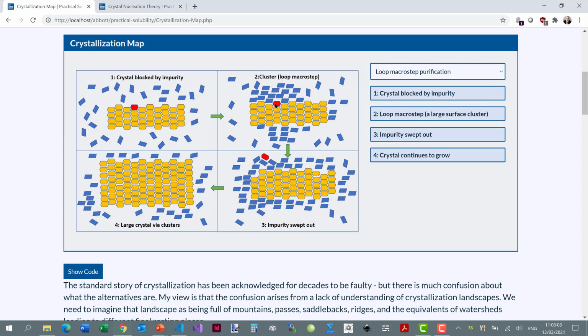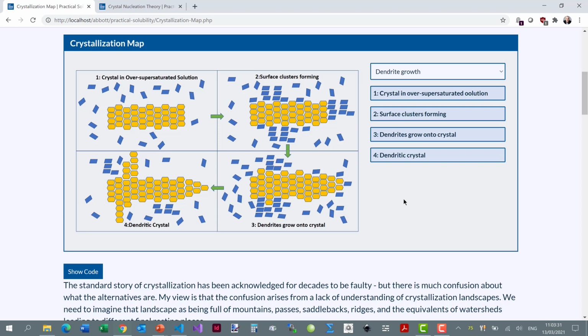And now this impurity is actually happy to be dissolved in this material. So it gets dissolved, and as soon as it's dissolved, the real solute comes in and takes its place, and so you now start growing, and the impurity is actually swept out. And there's lovely evidence for this. So that's the loop macrostep purification.